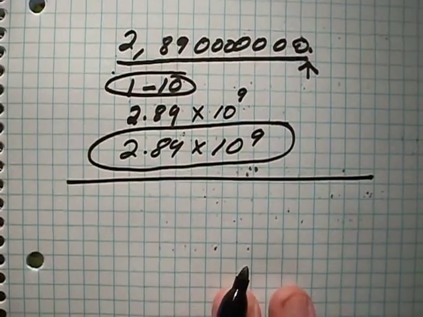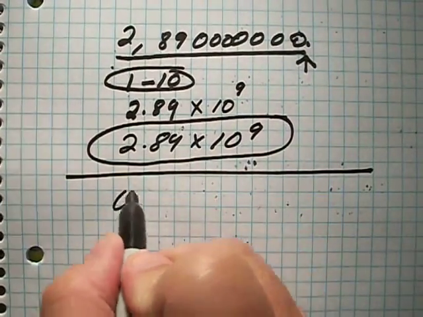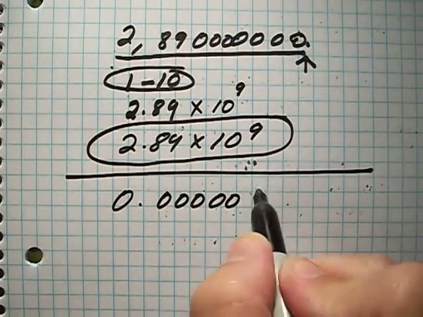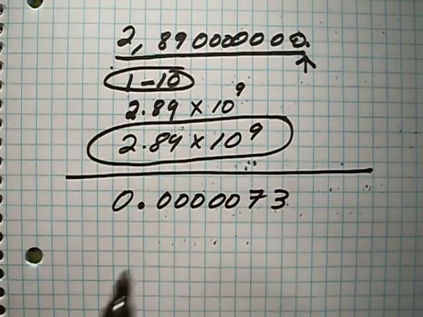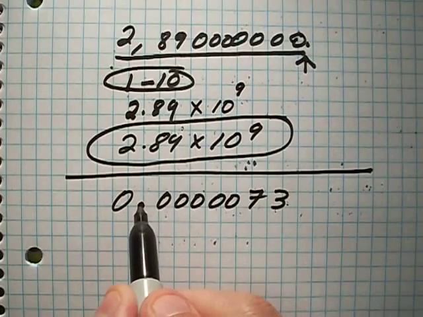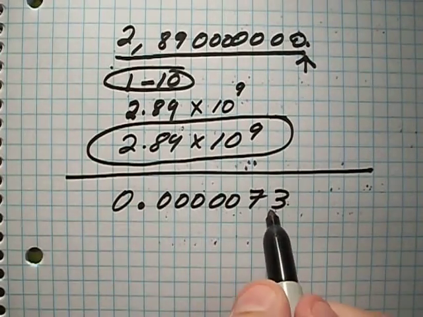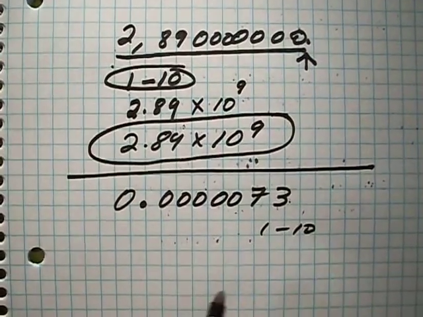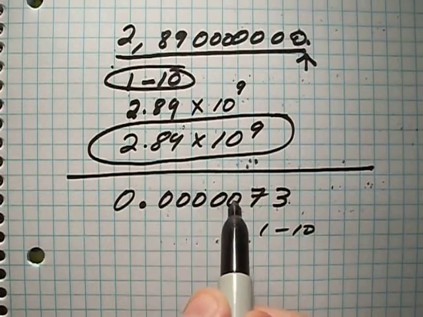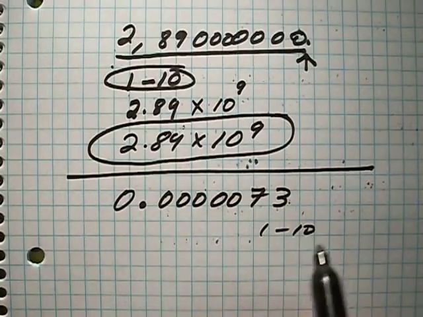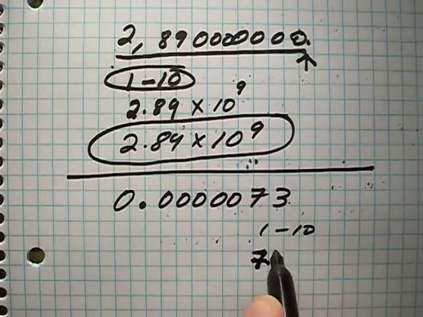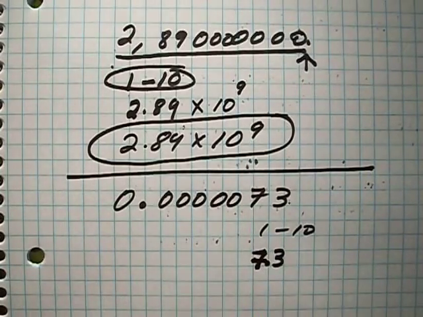Okay, so what if we get a number like this? It's a really small number, 0.0000073. In this case, we already see the decimal, and we count the digits to the right of the decimal until we get to a number that's between 1 and 10. Let's count them. Here's the decimal: 1, 2, 3, 4, 5, 6. We count over 6 and we get the number 7.3.